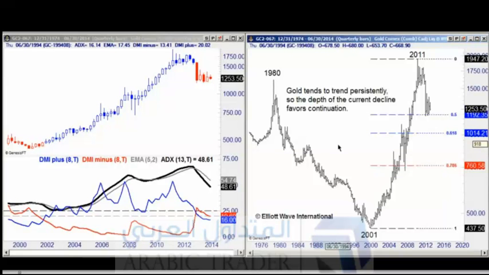Now, the chart on the right is the bar chart of quarterly gold. On the left is a candlestick chart, also on the quarterly time frame, and this chart includes an ADX study.